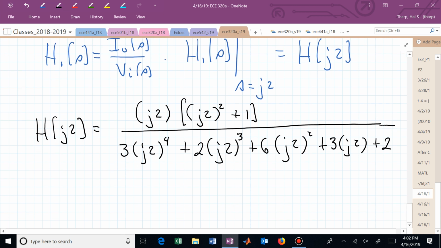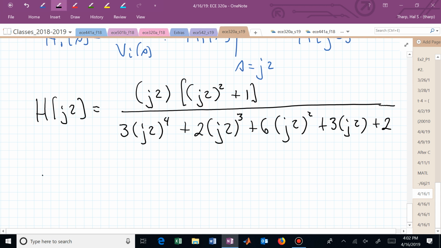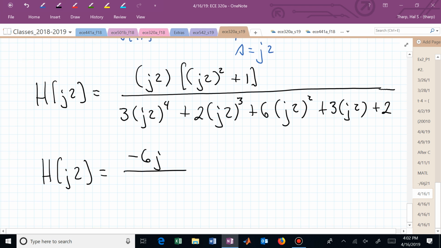You can follow all of those j's around, and eventually you will end up with a complex number in the numerator and a complex number in the denominator. Doing that, h now becomes minus 6j over 26 minus j10.